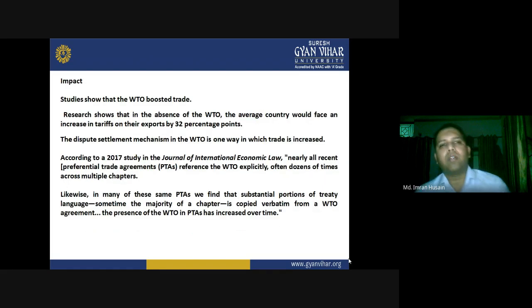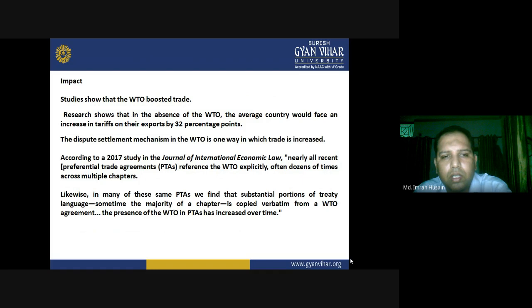The impact. Studies show that the WTO boosted trade. Research shows that in the absence of the WTO, the average country would face an increase in tariffs on their exports by 32 percentage points. The dispute settlement mechanism in the WTO is one way in which trade is increased.